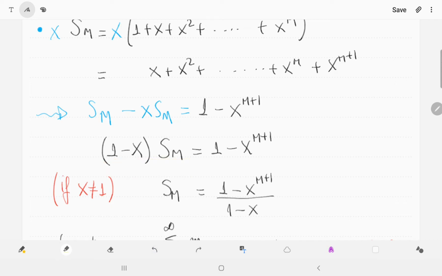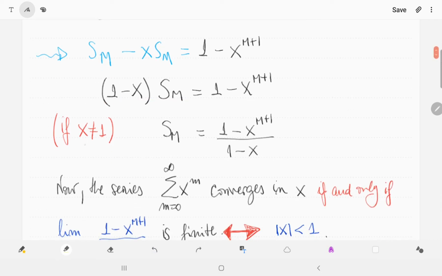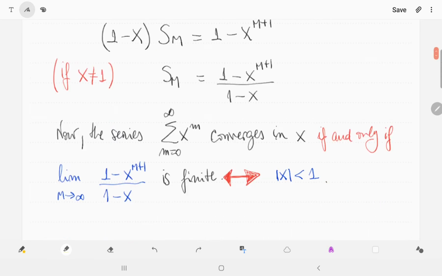And finally, if this x is not 1, then this amount is not 0, so we can divide by that number. And that's what we do here in the last step. Okay, so now we have the expression for the partial sums. And now, remember that this series is the limit of its partial sums.